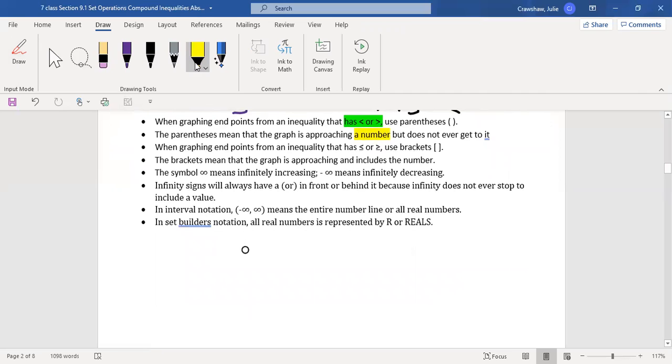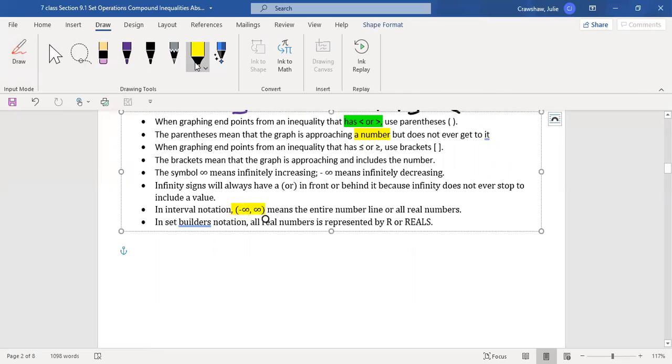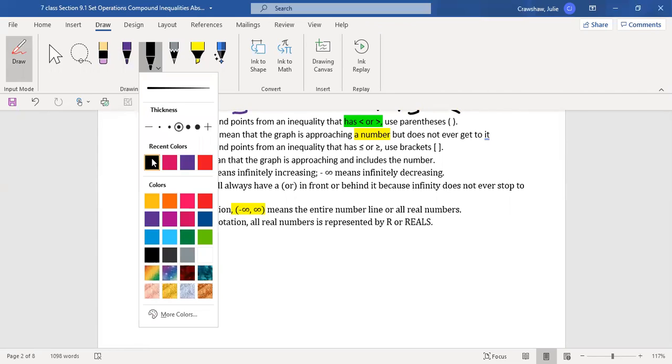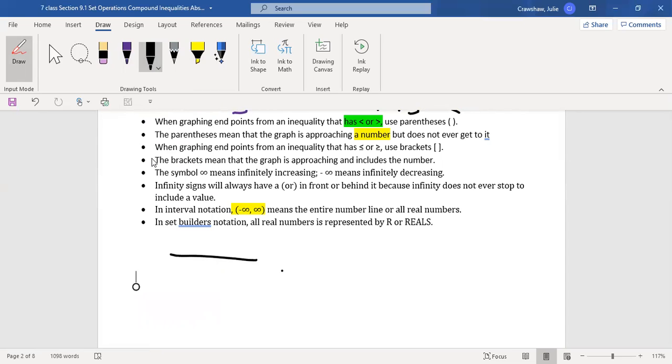So let's see, right here, infinity to infinity. What does that mean? That means everything on the number line is going to work. Let's say if I had a number line that was completely darkened, everything happened to work. The interval notation for that would be negative infinity, comma, infinity. And that's considered interval notation.